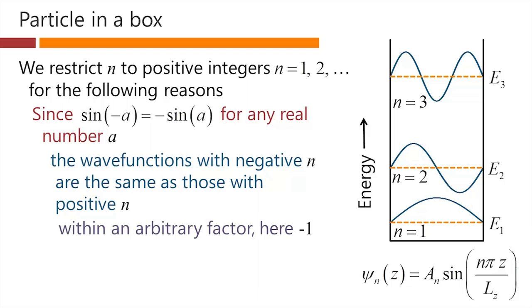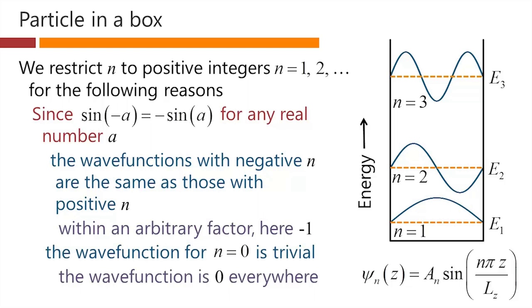We would just end up multiplying by minus 1 out the front here, and this factor is already so far an arbitrary number, certainly arbitrary within a unit phase factor. So a wave function with n as a negative number is really the same solution as a wave function with n as a positive number. And of course the eigenenergy would also be the same, since it's proportional to n squared. So we don't need to think about negative values of n. They would just be the same as these solutions we've already figured out for positive values of n.